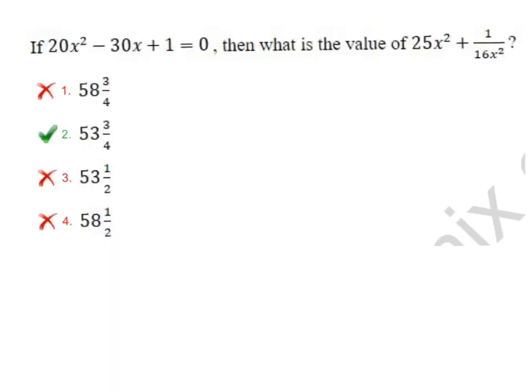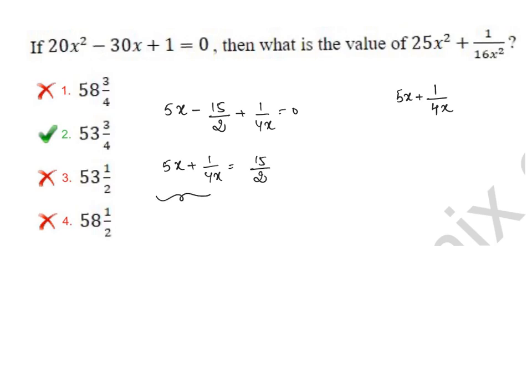x square minus 30x plus 1 is equal to 0. Then what is the value of 25x square plus 1 by 16x square? First, try to get 1 by 5x plus 1 by 4x. So just divide it by 4x. You will get 5x plus 1 by 4x is equal to 15 by 2.